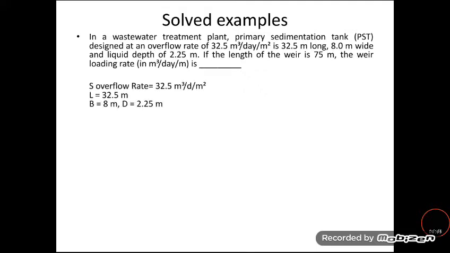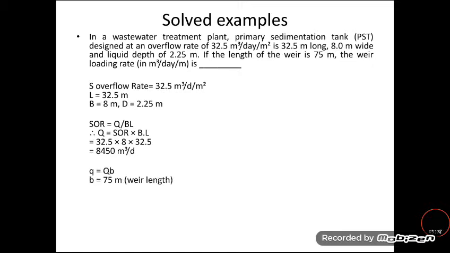Here the surface overflow rate is given as 32.5, and the length, breadth and depth are given. Surface overflow rate is equal to Q by area. By substituting these values we get Q as 8,450 meter cube per day.